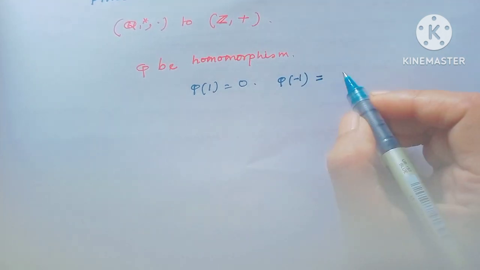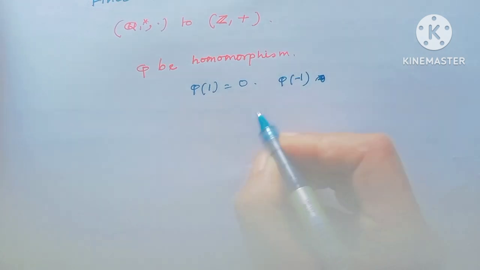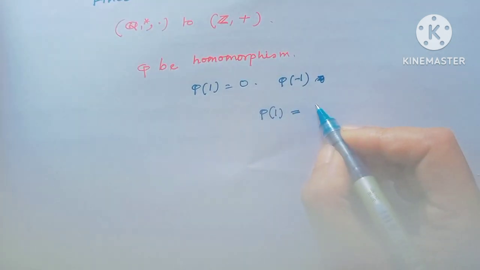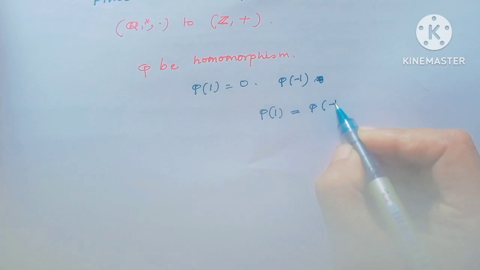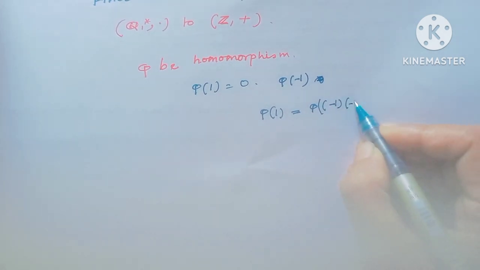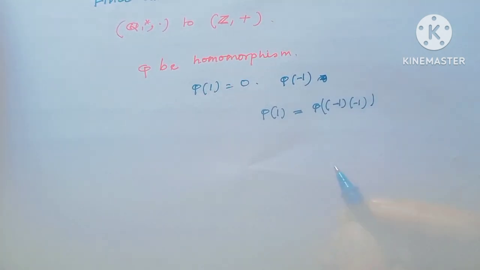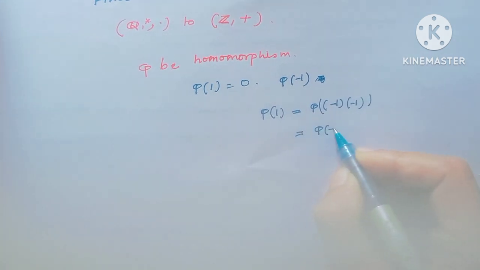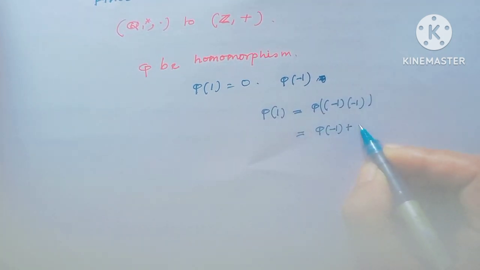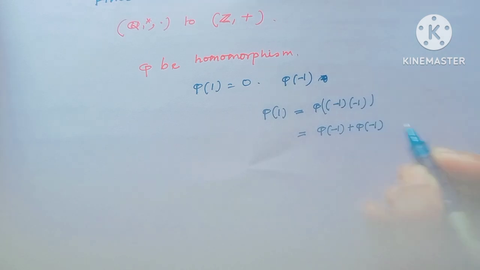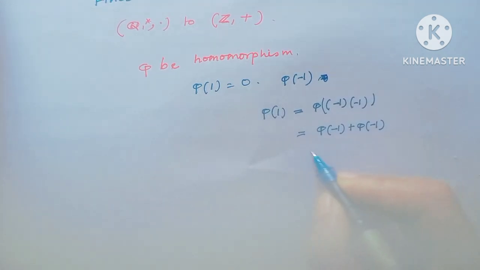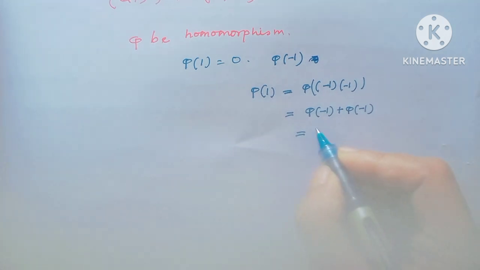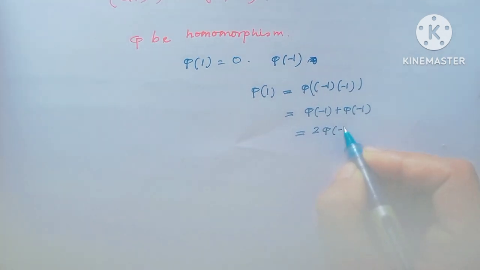We can write phi of 1 as phi of minus 1 times minus 1, and by the property of homomorphism, this is equal to phi of minus 1 plus phi of minus 1, which is equal to 2 phi of minus 1.